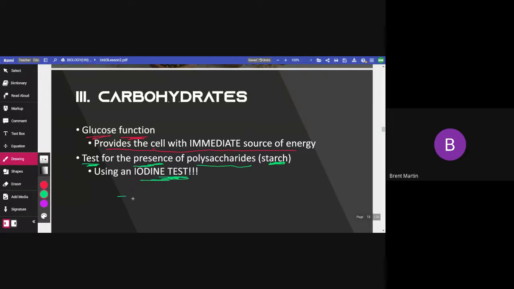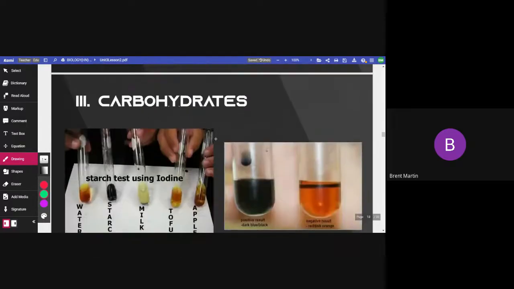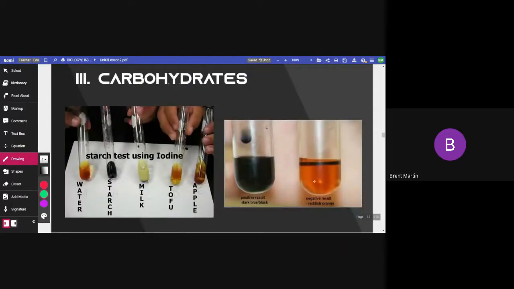If it turns basically a black or a purple color, that would be a positive result for the presence of starch. If it stays a reddish color, that is a negative result. This is what it would actually look like. When you put iodine in water, it just typically has this reddish tint to it, like this over here.